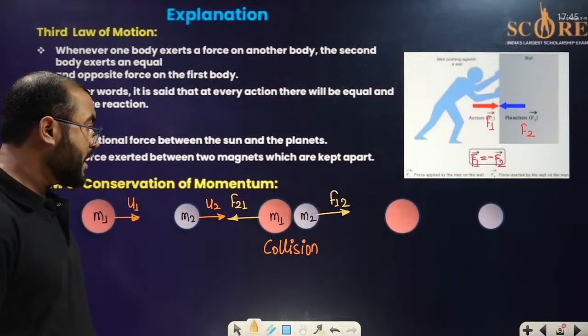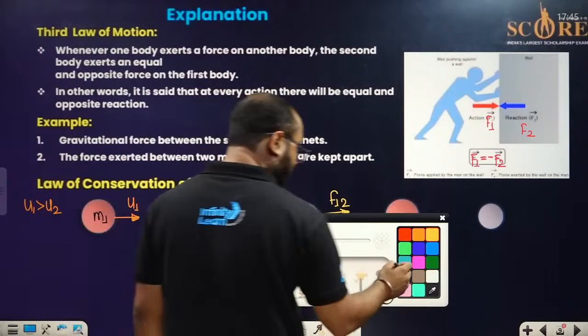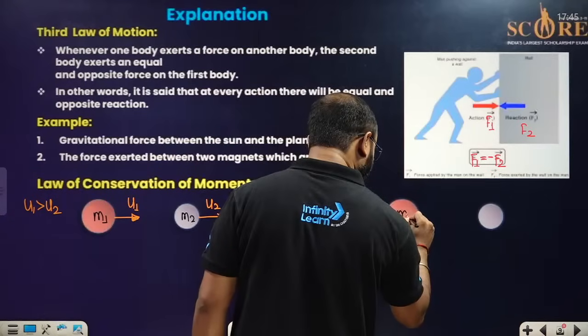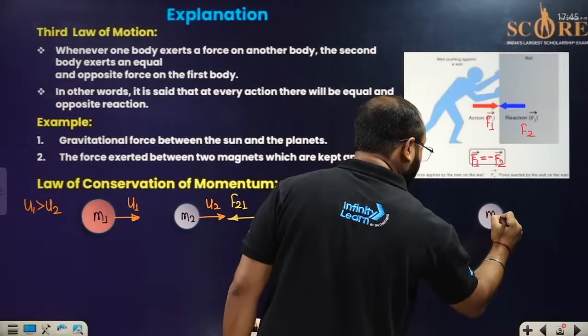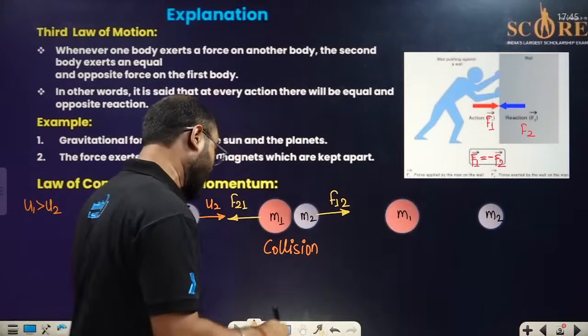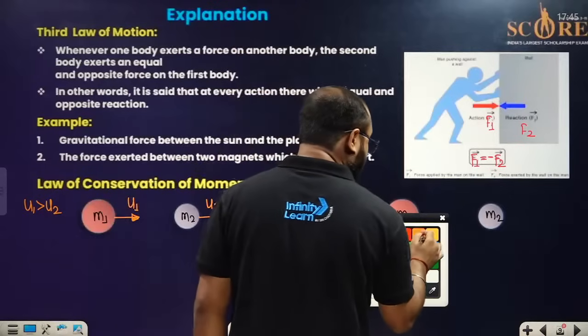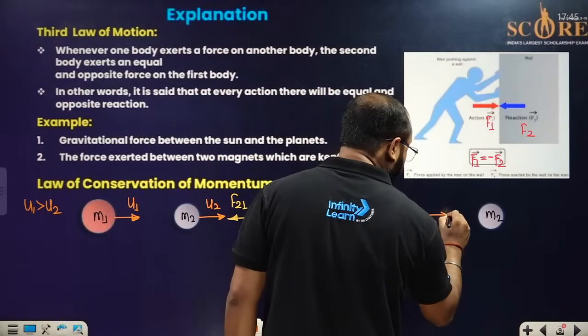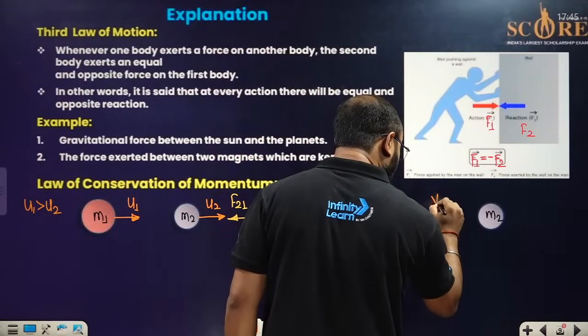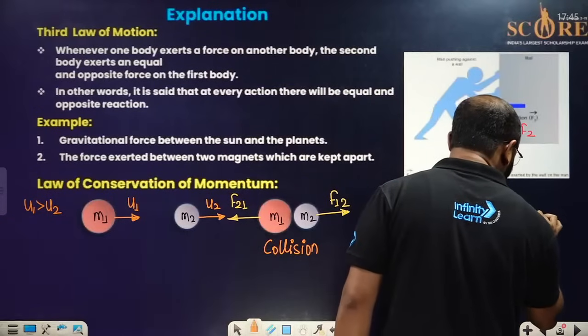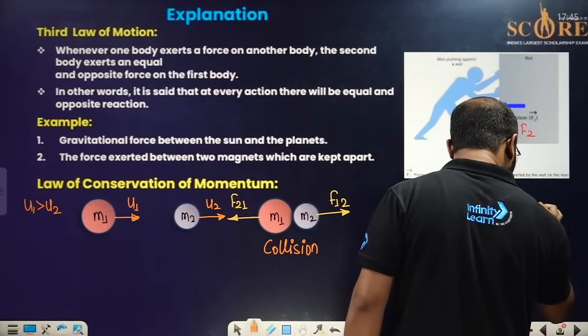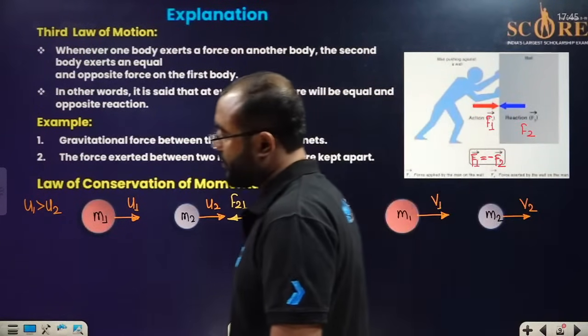As you can see, the collision, everyone. After the collision, the bodies m1 and m2 will be moving apart. When they are moving apart, there is a slight change. Now, body m1 is moving with a new velocity v1 and body m2 will be moving with velocity v2, everyone.